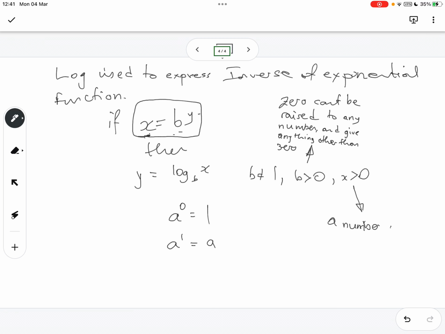And this second one tells us that a number cannot be raised to a positive integer power, and the answer is 0. Let me not say any power.